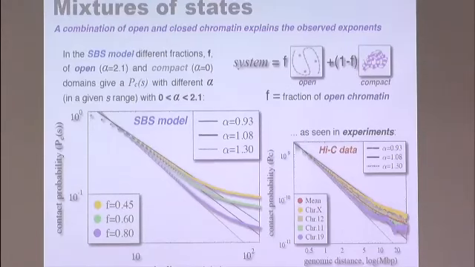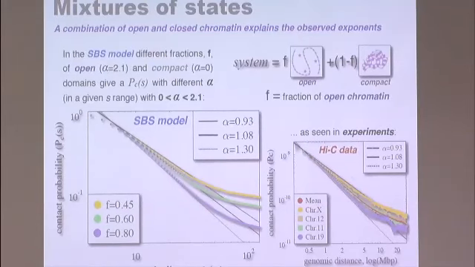These three values are chosen just to play around, and 60% of open chromatin gives the green data, which is this one. And you see, in about a decade, you can fit with a power law with an exponent close to 1.08, which is what that fraction is chosen to give.